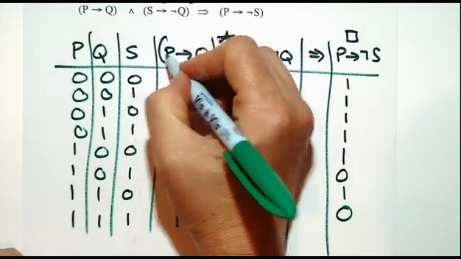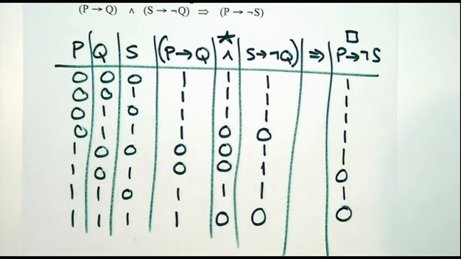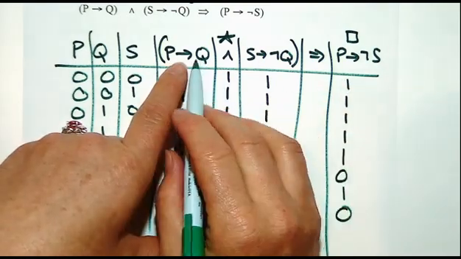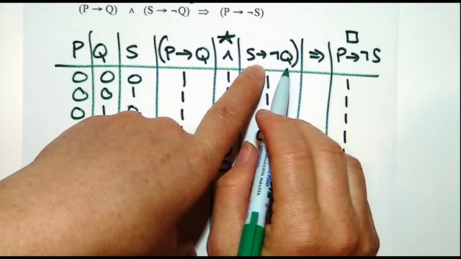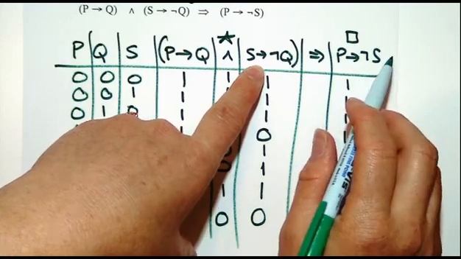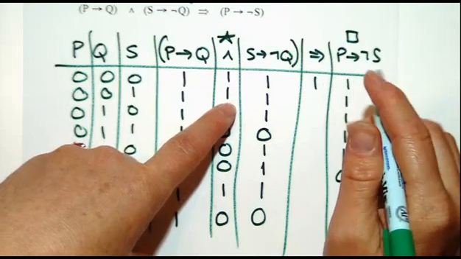So the left-hand phrase implies whether it implies P implies not S. Okay, and that should be true, because if you actually look at this, that's P implies Q, and that is what? Q implies not S. So with hypothetical syllogism, I actually know that P implies not S. So I shouldn't even have to check it, but I can to make sure I've got my table right.